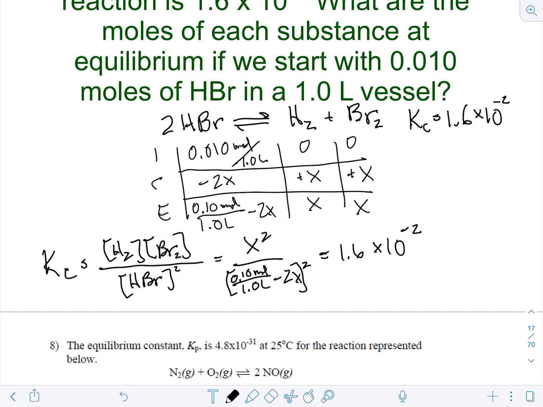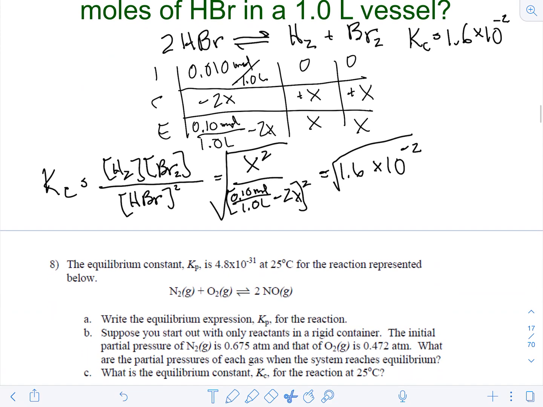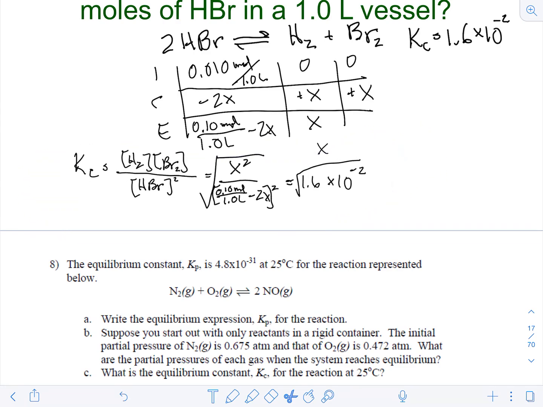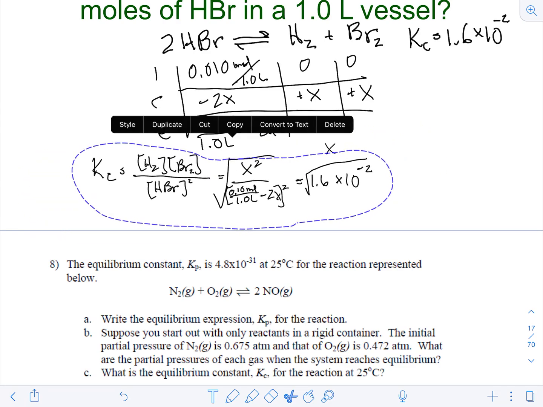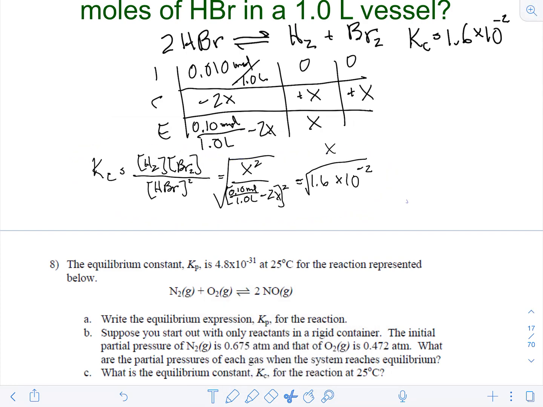Now notice that on the left-hand side, I have x squared on both of them. So I can get rid of the x squared by taking the square root of both sides. So I'm going to do that. Sorry, I lost my x there.